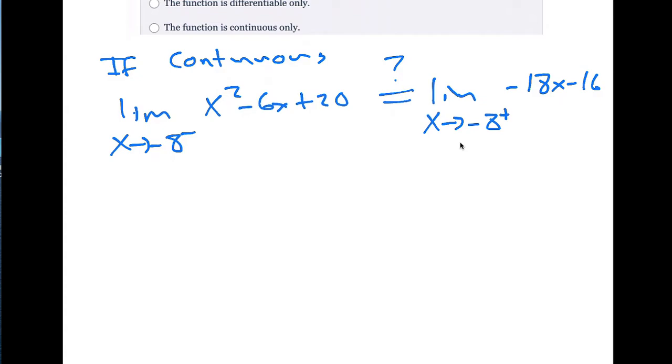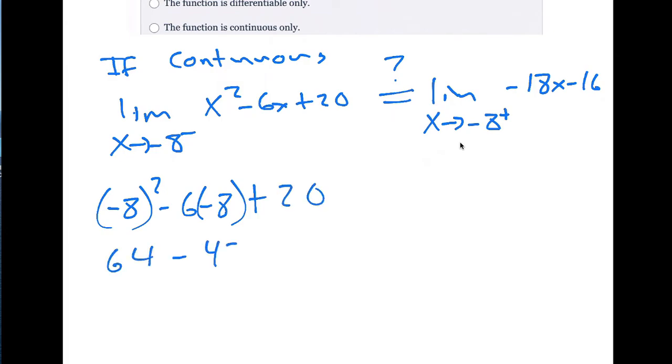So if we do direct substitution on this, we get -8 squared minus 6 times -8 plus 20. So that's 64 plus 48 plus 20, which is 132.